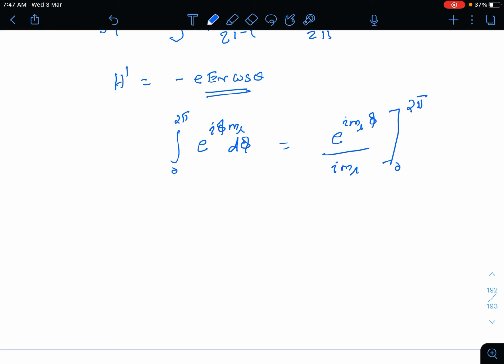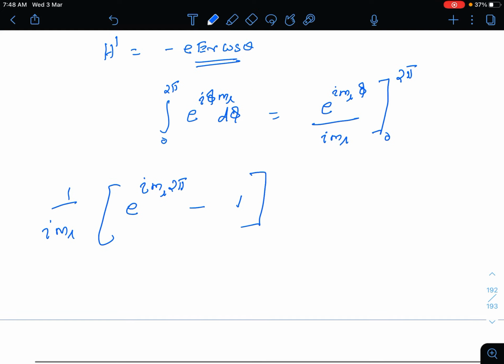So the upper limit would be e raised to I ML 2 pi, good, with 1 by I ML outside. And the lower limit would be simply e raised to 0, that is 1. Good.